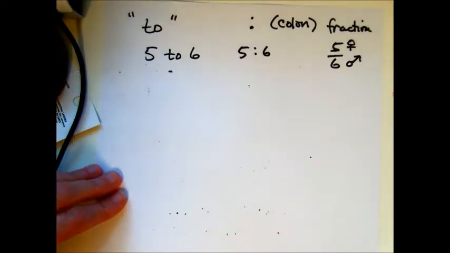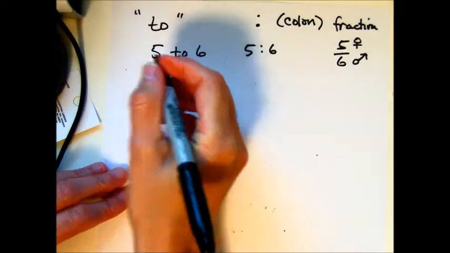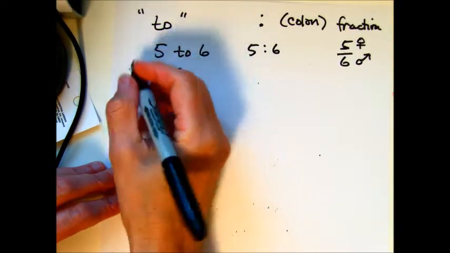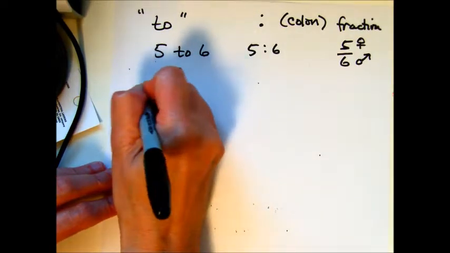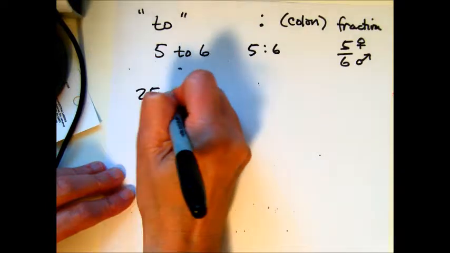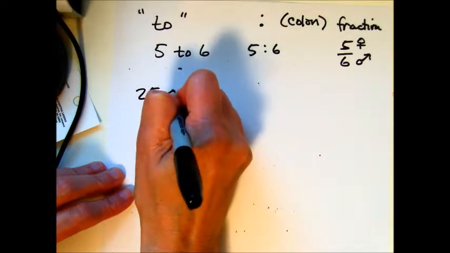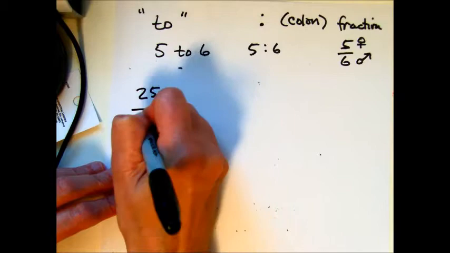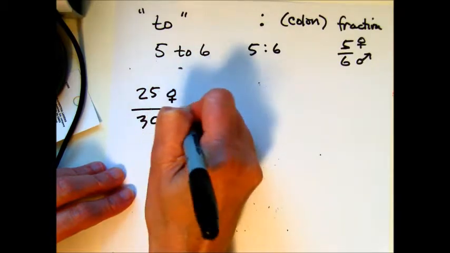Now, like a fraction, we are always going to reduce to lowest terms. So for instance, we could use a similar one here. Say we've got 25 girls to 30 boys.